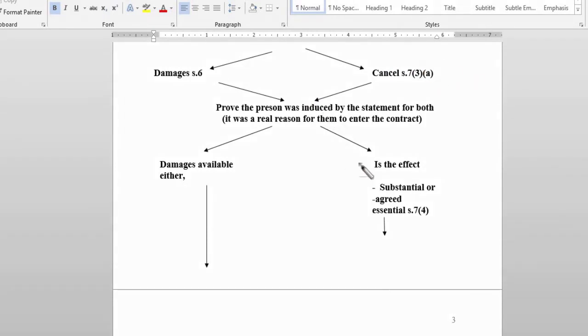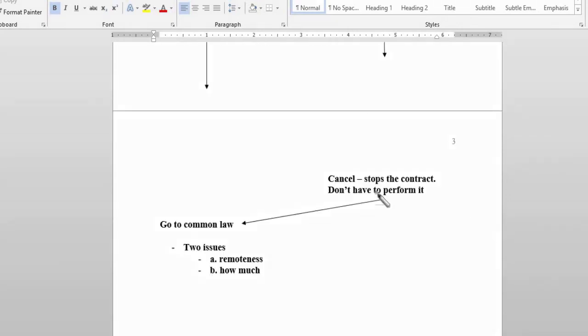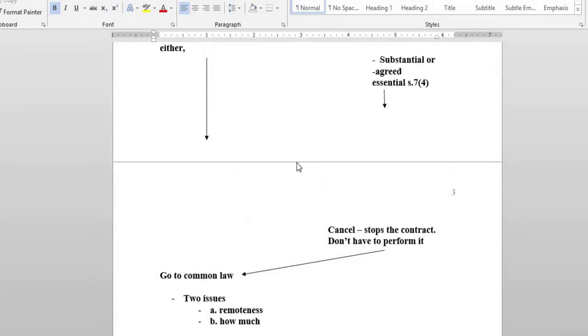However, in cancellation, you also need this. The effect has to be substantial on the contract or agreed essential at the negotiation phase, and then you can cancel. So cancellation just means you stop the contract, don't have to perform it anymore, and then we go to common law for damages for cancellation. And in misrepresentation, we're already entitled to damages.